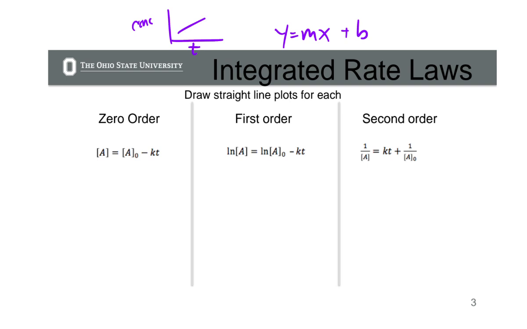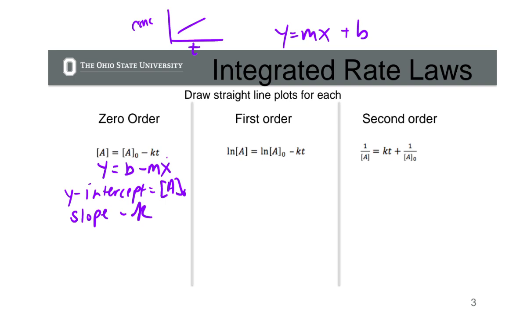So for our zero order, [A] is going to be y, our intercept b is going to be [A] sub 0, the slope is going to be minus k, and x, of course, is t. So the y-intercept is [A] sub 0, and the slope is minus k.